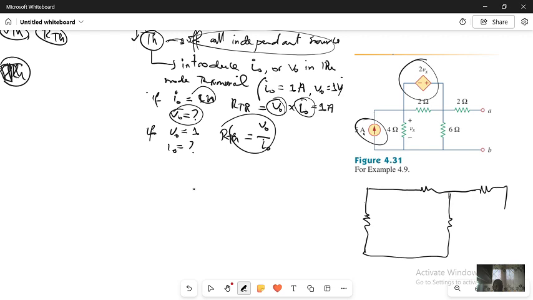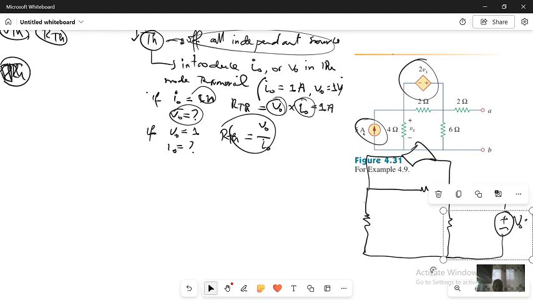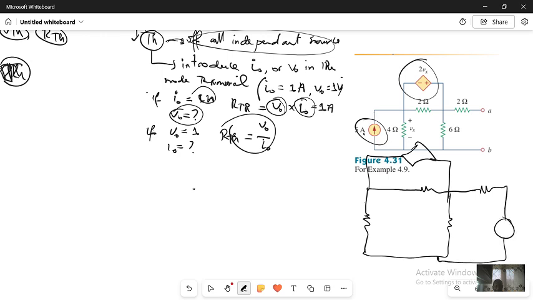I will introduce the voltage source here, plus minus V0 equal to 1 volt. We assume V0 equal to 1 volt as we said. Now if we assume V0 equal to 1 volt, we will determine I0. I0 is the current delivered by V0.